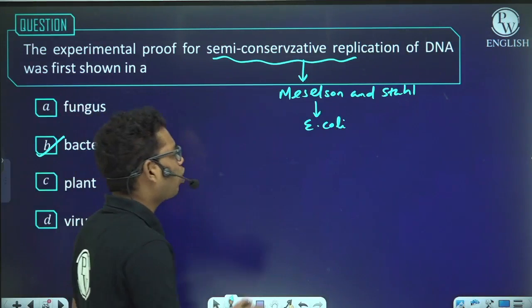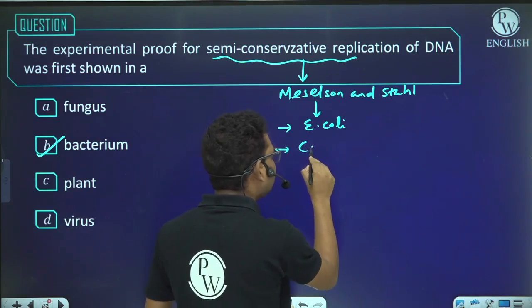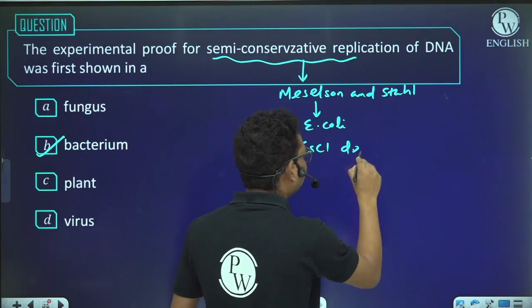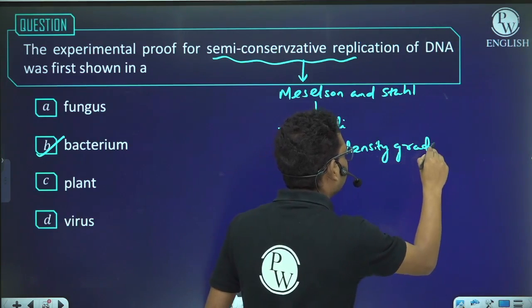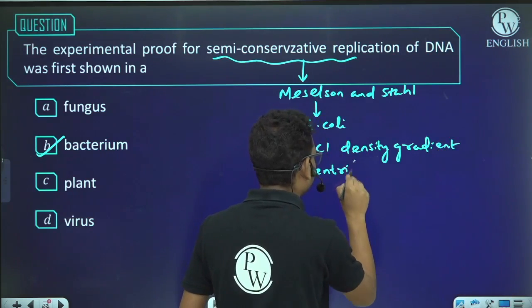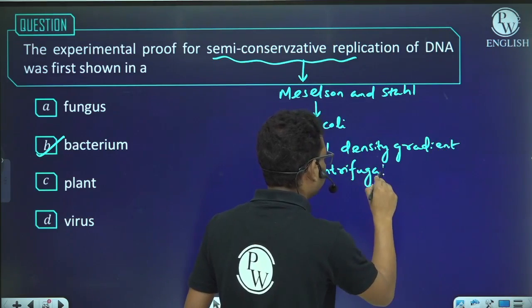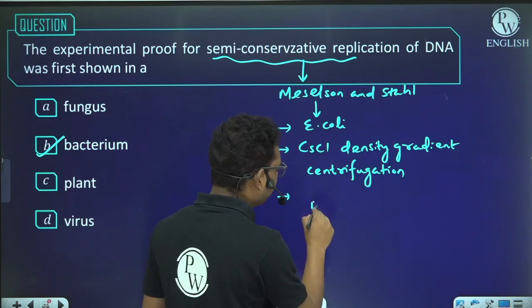And Meselson and Stahl, they used what? They used cesium chloride density gradient centrifugation. And they supplied nitrogen in the form of NH4Cl.